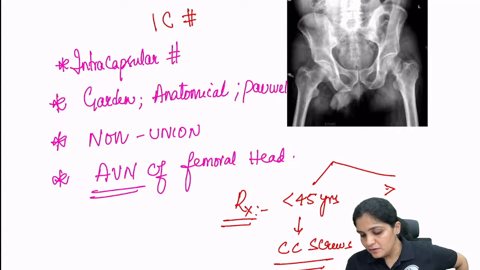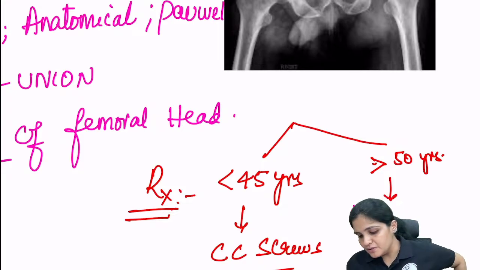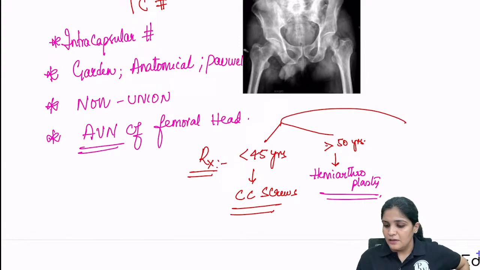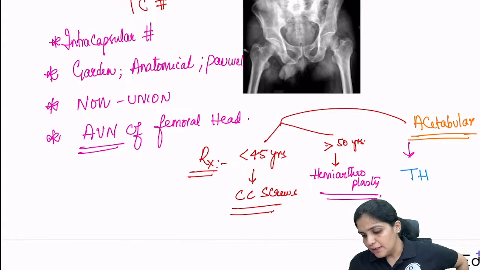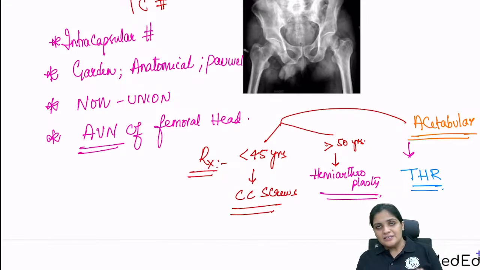And if more than 45 or more than 50, you have to go for a very, very important surgery, hemiarthroplasty, right? And if the patient has some acetabular involvement, such as the acetabulum is already in trouble, then you can directly go for total hip replacement. So these are the various options you have to keep in mind: CC screws, hemiarthroplasty, THR.